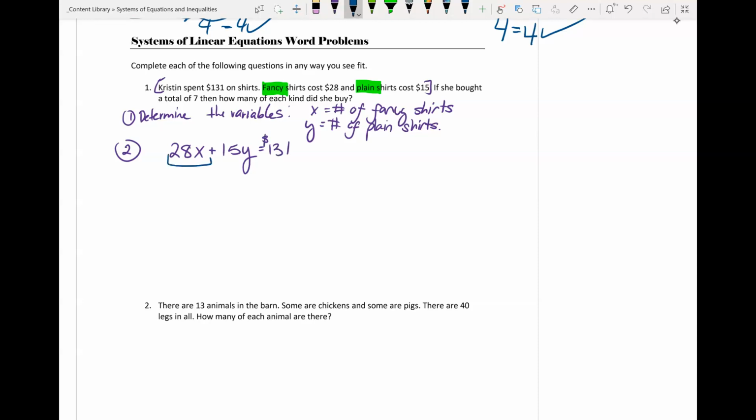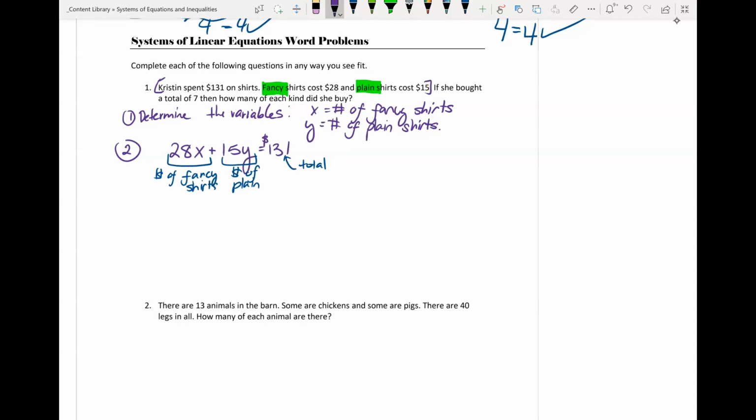So this part here is the cost of fancy shirts, and here this is the cost of plain shirts, and this is your total. So that's where that equation is coming from.